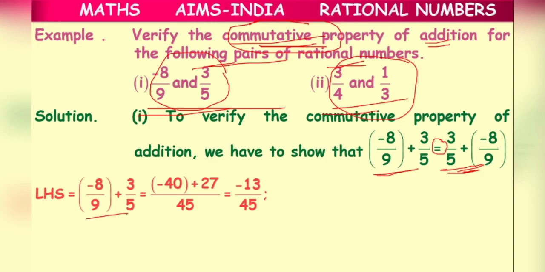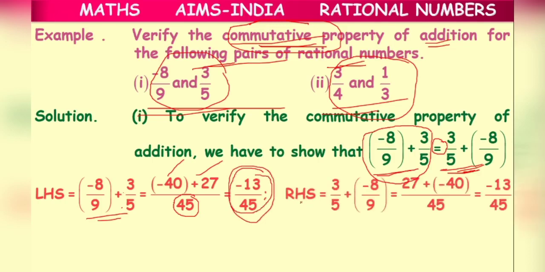Here, what is the LHS? Left hand side, this part is the left hand side. After adding, 9 5s are 45 minus 40, 5 9s are 45, 27. What is the answer? Minus 13 by 45. What about the RHS? RHS also we have calculated separately. The answer is minus 13 by 45.